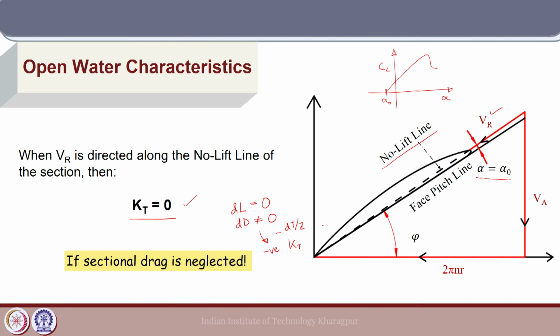So, ideally for a realistic scenario, if we take a representative section, the resultant velocity should be at an angle slightly less than the no lift angle shown here, so that the small component from the lift generated is neutralized by the drag generated from the section, okay, to get the resultant kT of the propeller blade section as 0.